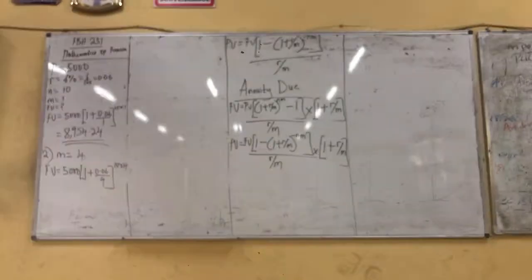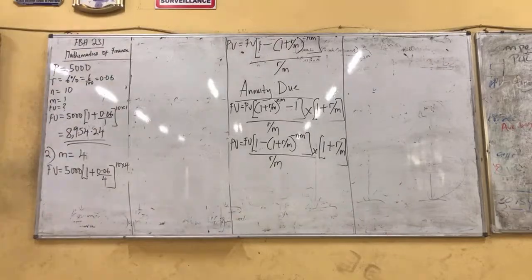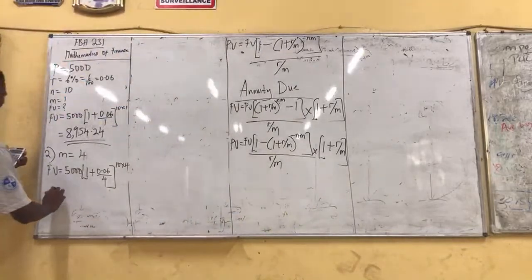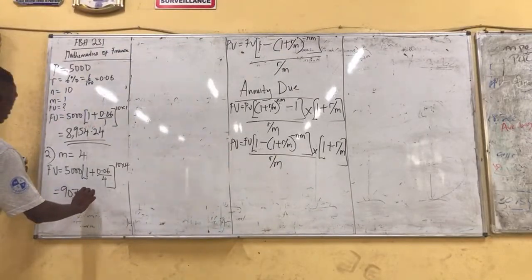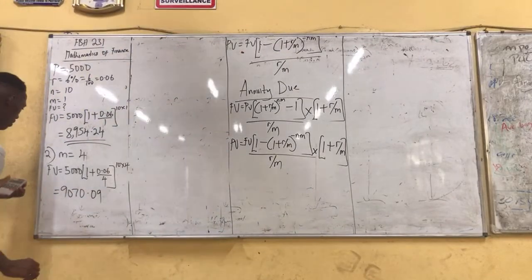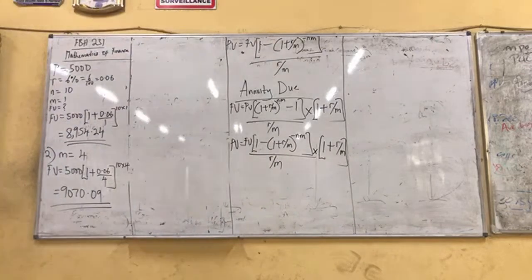Wow, there's an obvious increase when we compound it quarterly compared to when we compound it just once in a year. So the amount here is 9,070 naira point 09. So there's a huge difference in the amount that we get.